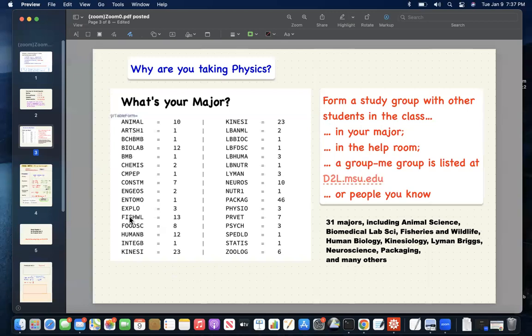So you see, there's a wide variety of topics that require physics. Many of them are science topics. I would say most of them are science topics. So most of the students taking this class are studying some branch of science. So you have the same kind of background as other people.